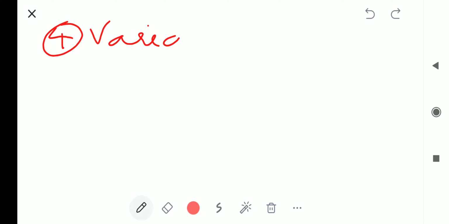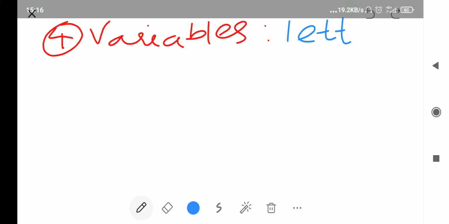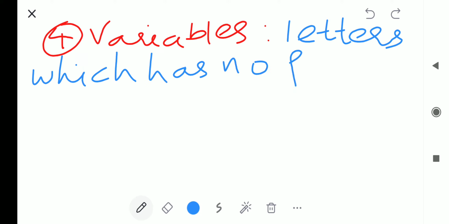Next, coming to the fourth one, variables. Variables means what? Letters which have no fixed value.